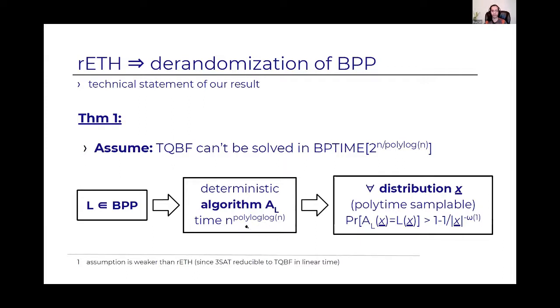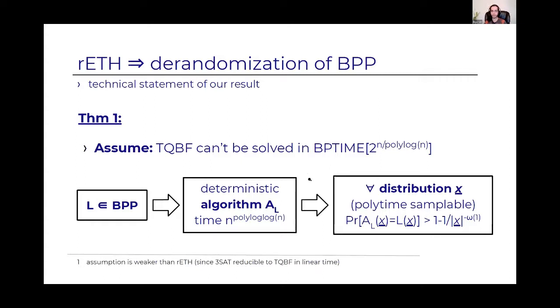And this deterministic algorithm solves L in the following sense. Every polynomial time sampleable distribution hits a bad input with only negligible probability. So this algorithm looks correct to all polynomial time sampleable distributions.